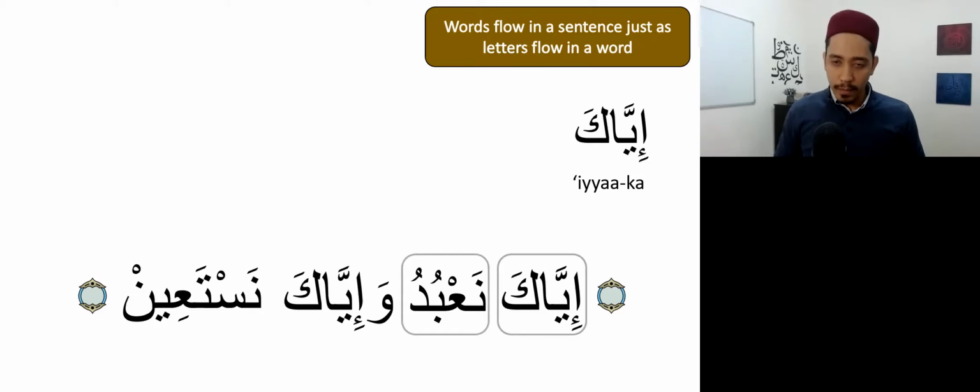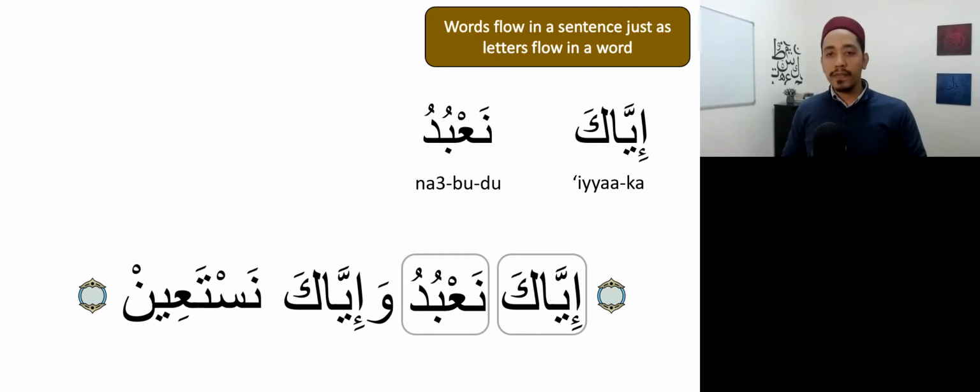The second word, I'm going to add another word. Here we have na'budu. So the first thing, and that is what we've been doing the entire course, is how to read a word fluently. Some letters will be read on their own, and some letters will be read with the letter before it, as with the sukun and the shadda. So in iyyaka, and then we have na'budu.